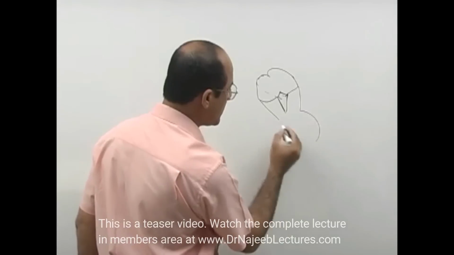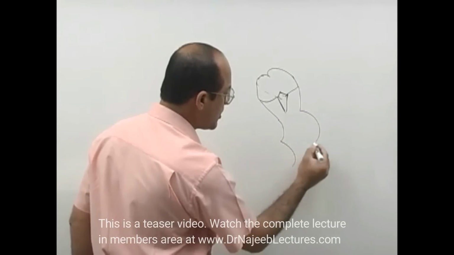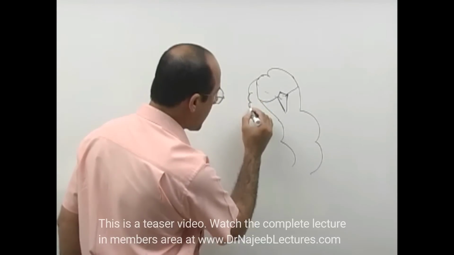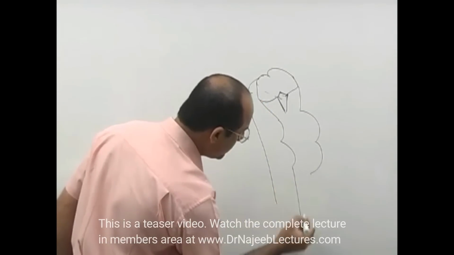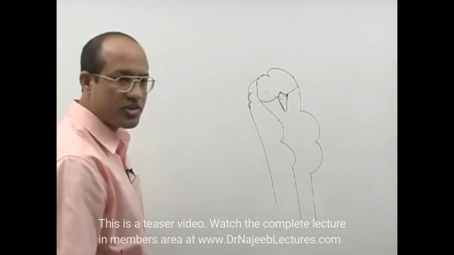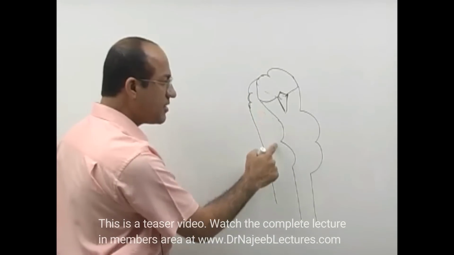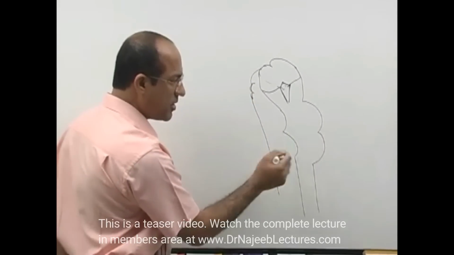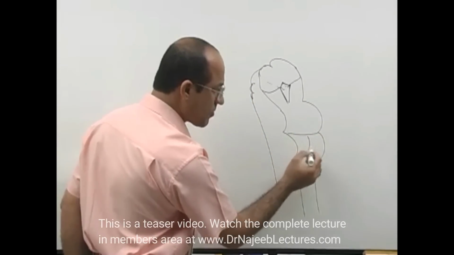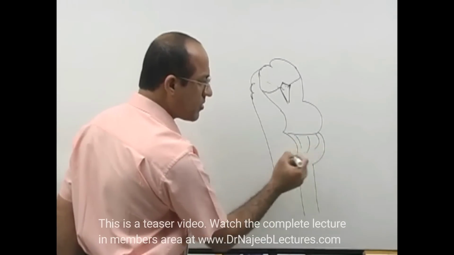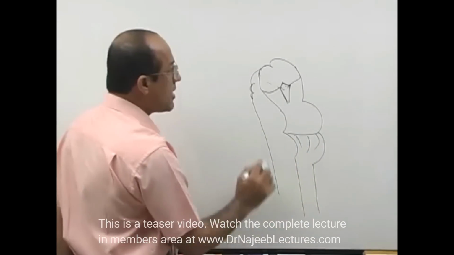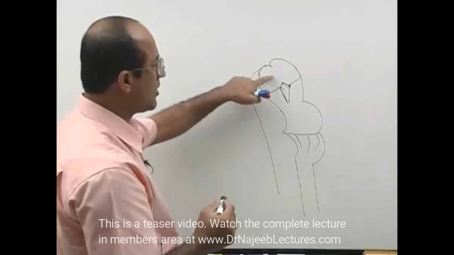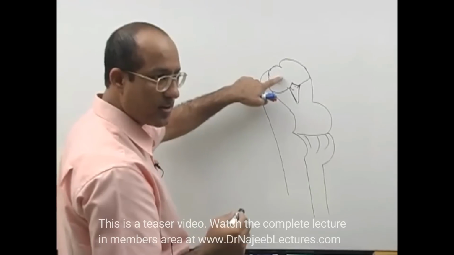This is midbrain, pons, medulla, and spinal cord. This is the brain stem.